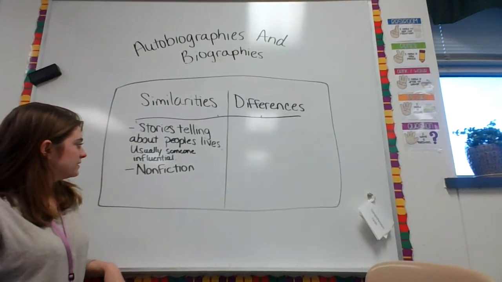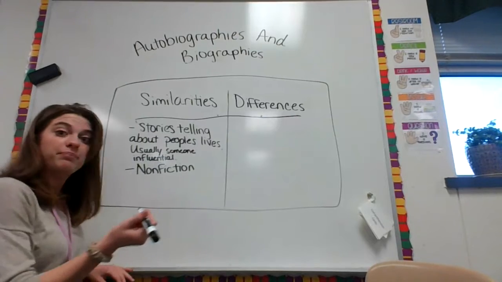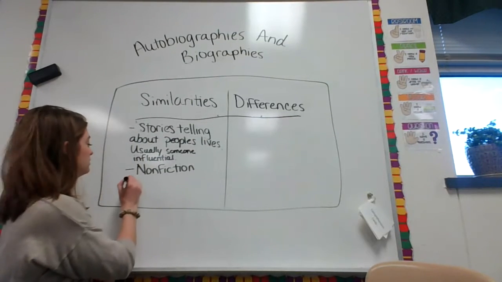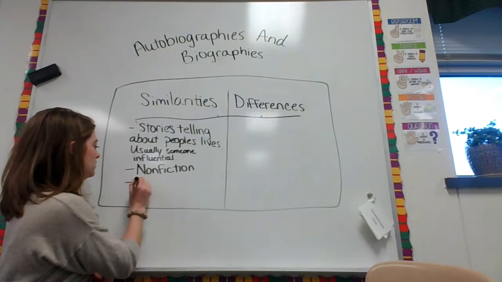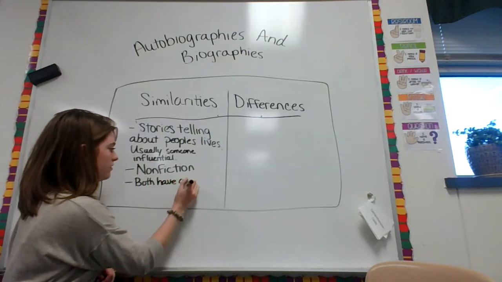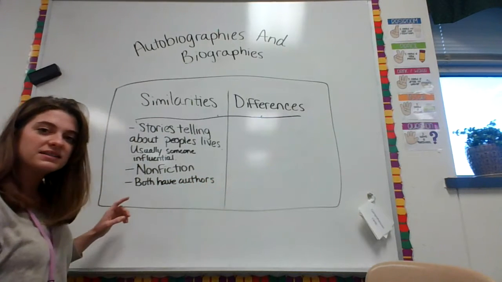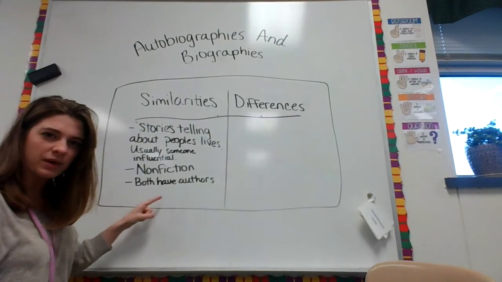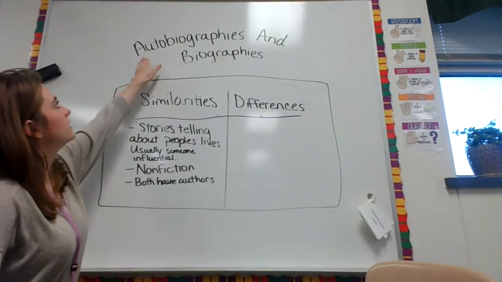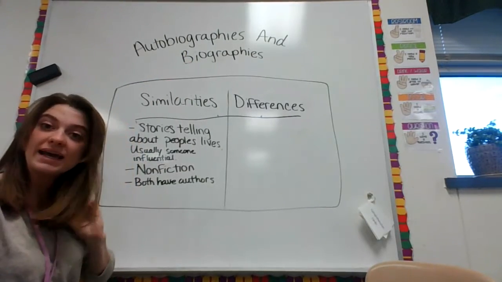Okay, some more similarities. They're both going to have an author, right? You have to have an author to tell a story. Both have authors. But what's that difference between them having to do with their authors? Autobiographies are self-biographies. That means that they're written by their author.